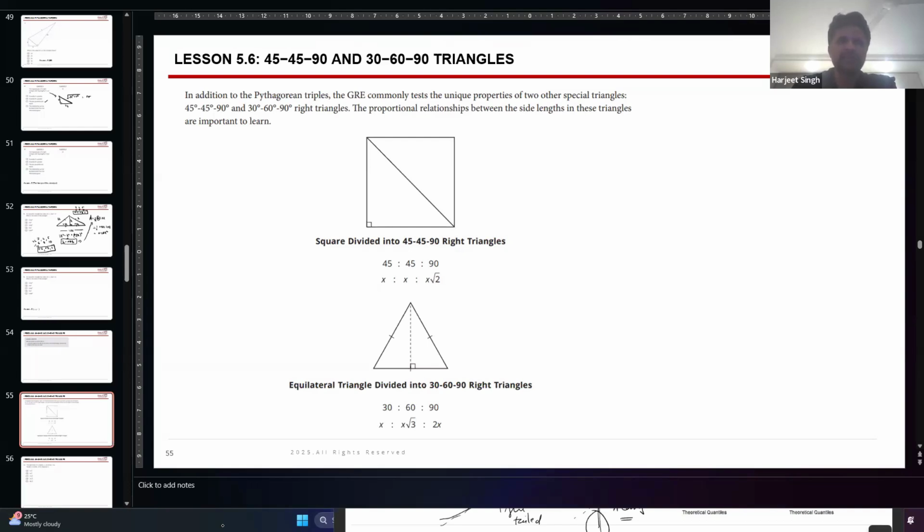And obviously, one of the angles of the square is 90 degrees, and the other angles become 45 each. Hence, if you look at this triangle, it is a 45, 45, 90 triangle.